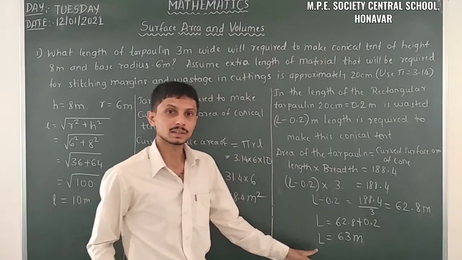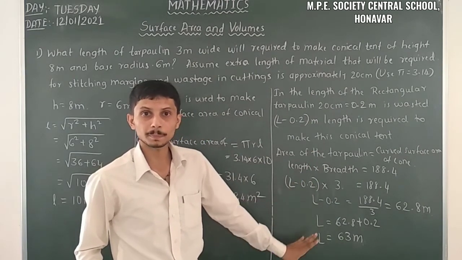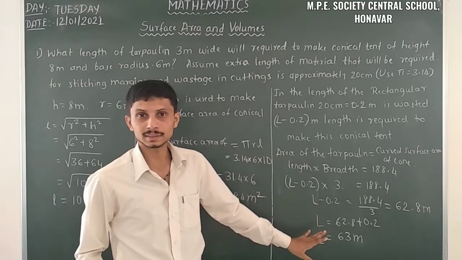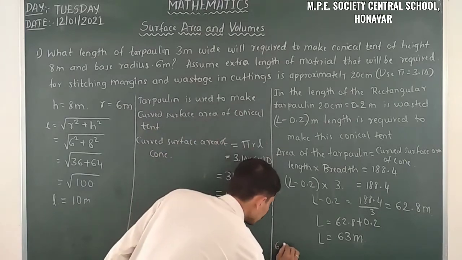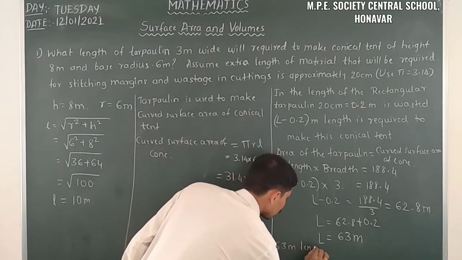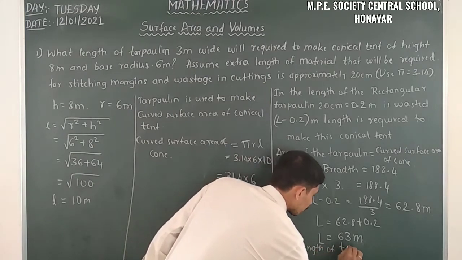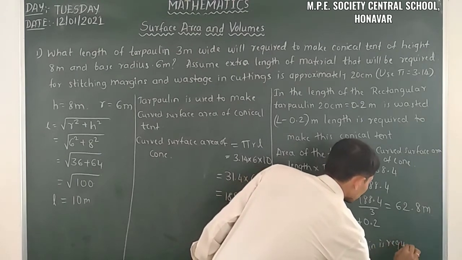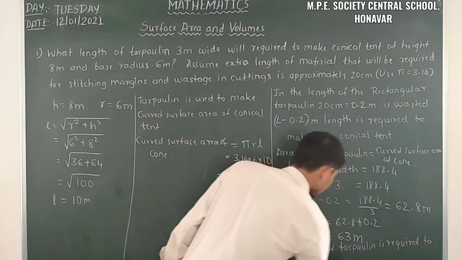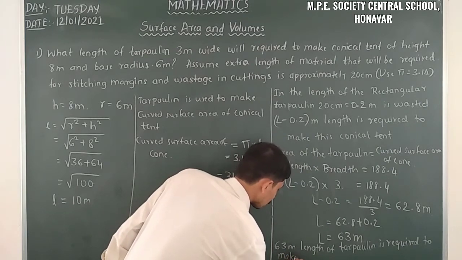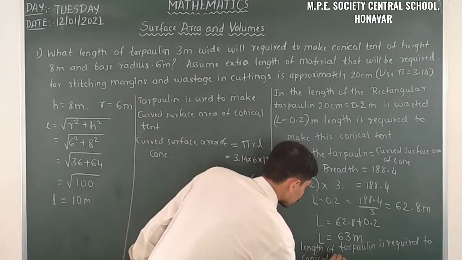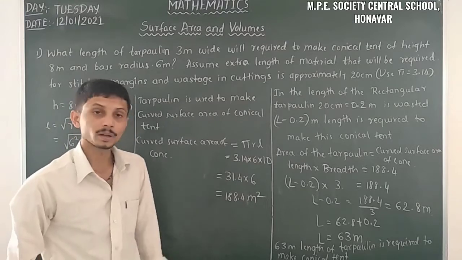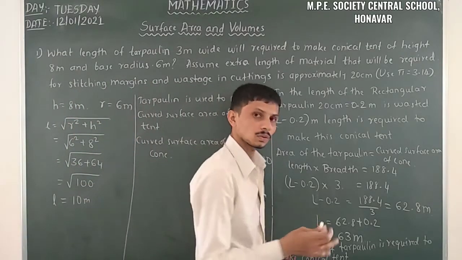That is, 63 meter length of tarpaulin is required to make the conical tent, along with the stitches and cutting, of curved surface area 188.4 meter square, that is of CSA. You can write that one.